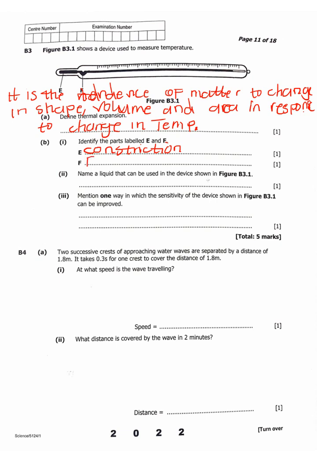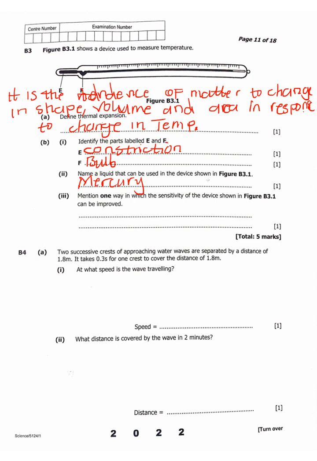Then for F, we have a bulb here. Okay, so now name a liquid that can be used in the device shown. So since we have a constriction, we are dealing with a clinical thermometer, and a clinical thermometer uses mercury. Then alcohol is used in a laboratory thermometer.